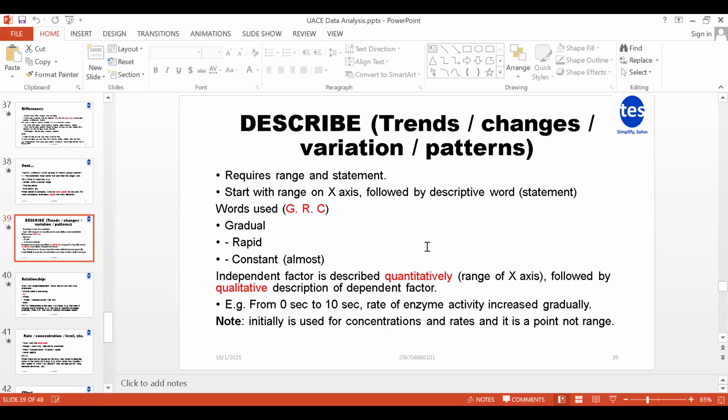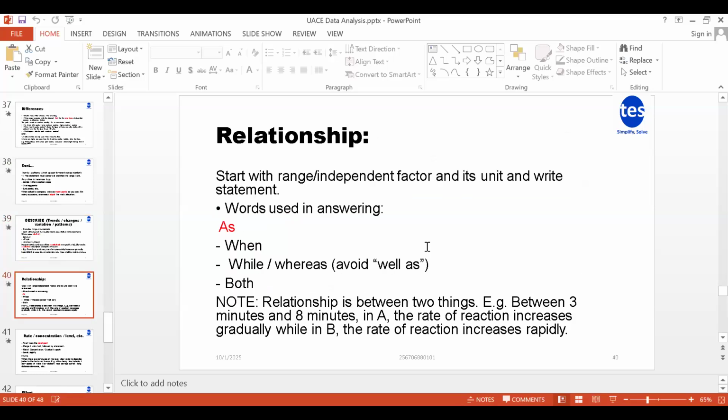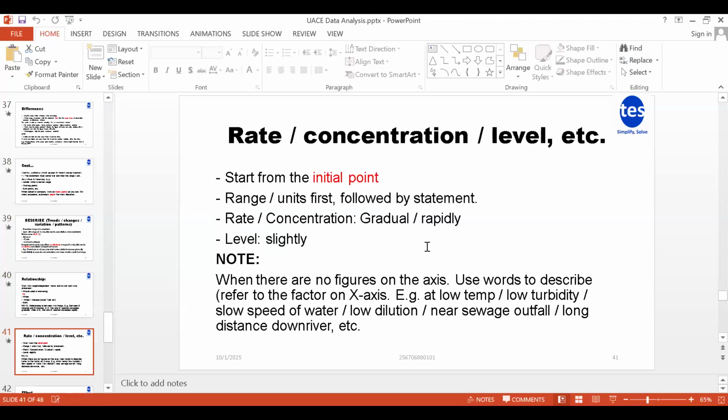And then describing trends and changes, I think we talked about that already. Relationships we did. And then rate, concentration, and levels. This one says we start from the initial point. And then range, units first, followed by statement. So we said x-axis first, then followed by the y-axis.